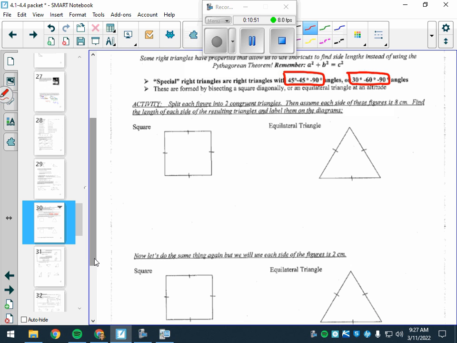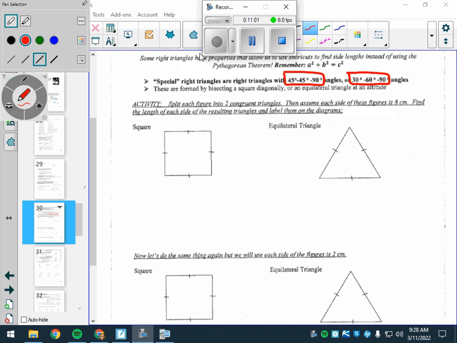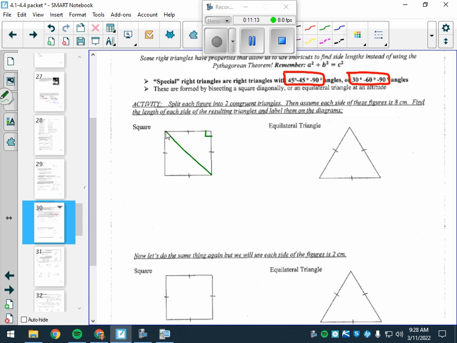The first situation is if you take a square and you draw the diagonal of a square like this, it cuts that square in half. It cuts it into 2 congruent isosceles right triangles.